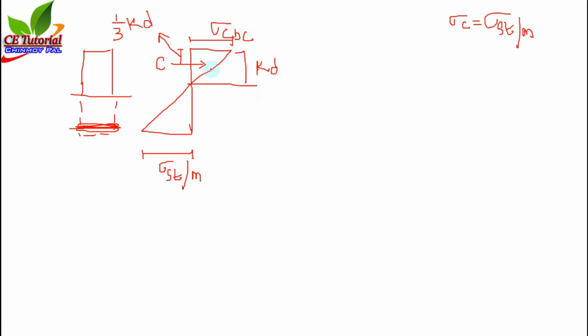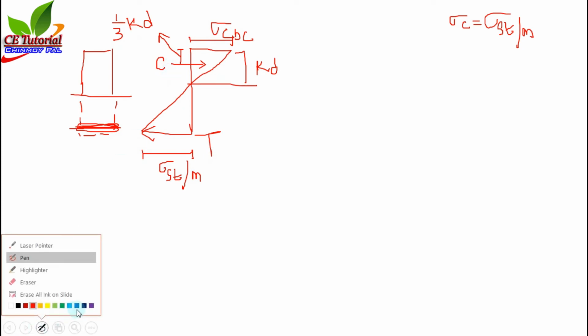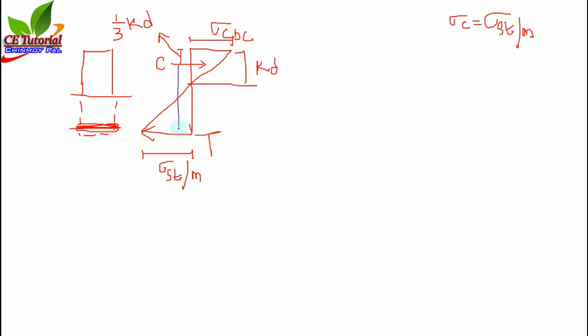So what is the lever arm distance? This is T and this is C. So this distance is the lever arm. Okay, so this is nothing but the total distance from the bottom fiber to tension, that is D, minus 1/3 of KD.